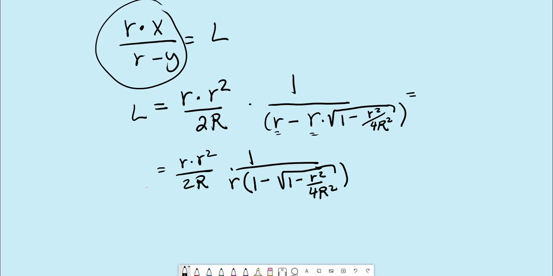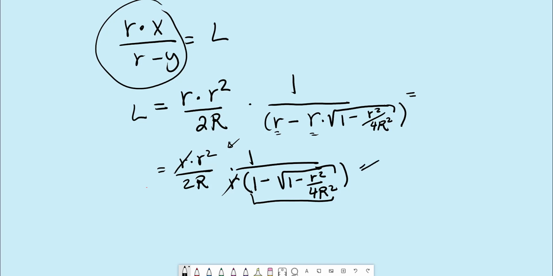Okay, so first we can cancel this lowercase r here, and we remain with a term that includes in the denominator this square root. Now, if we at first look at it, we could say, oh, if we're looking at the limit of L as r goes to 0, well, when r goes to 0, L will go to 0 too, because we're multiplying by r squared.